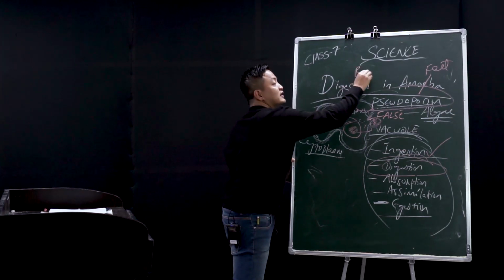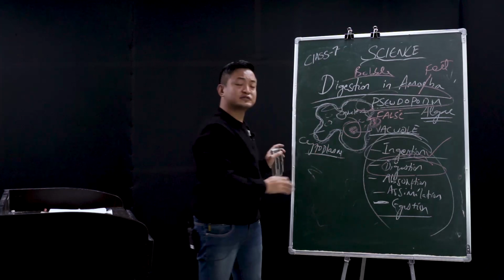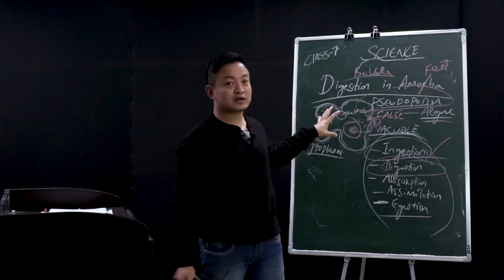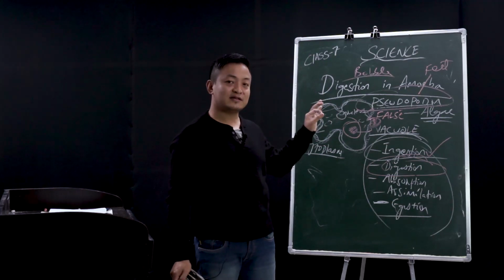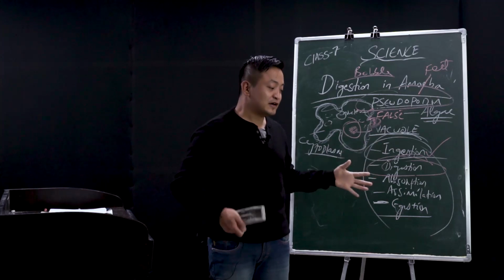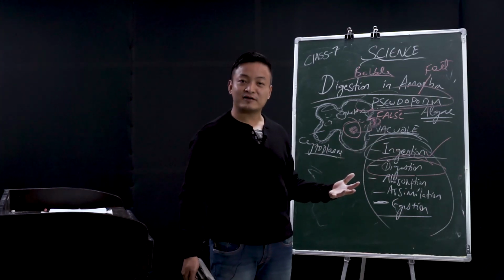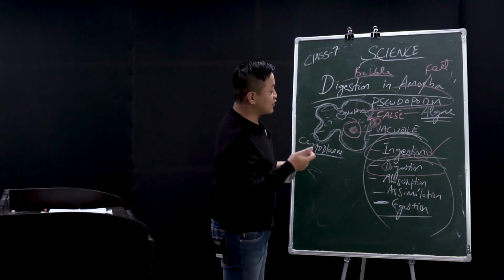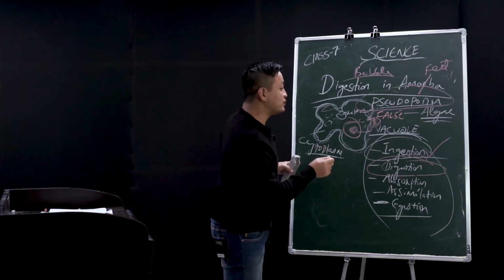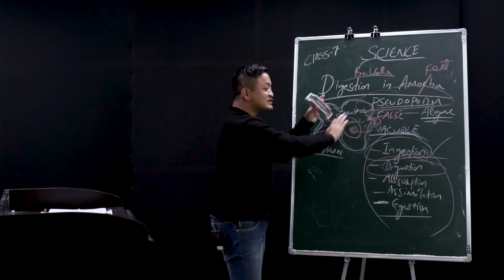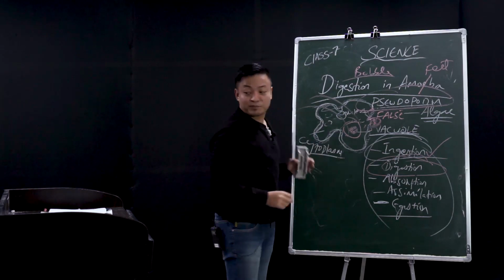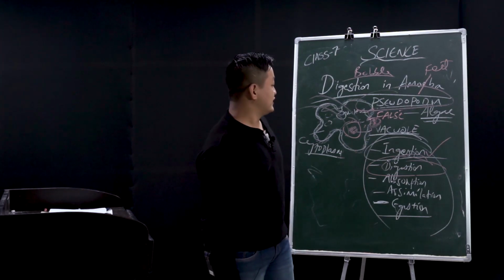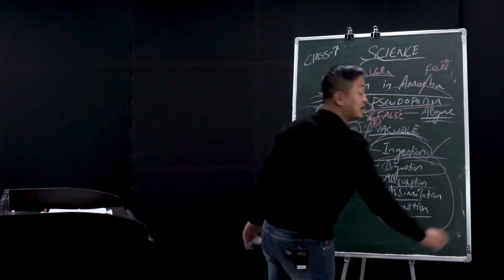Once this absorption is done, this amoeba, though a single cell, needs energy, maintenance and growth. So the food that is absorbed from this vacuole will be passed on to different parts of the cell for energy. This would be assimilation.